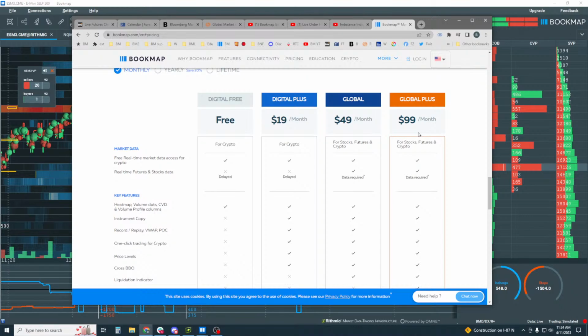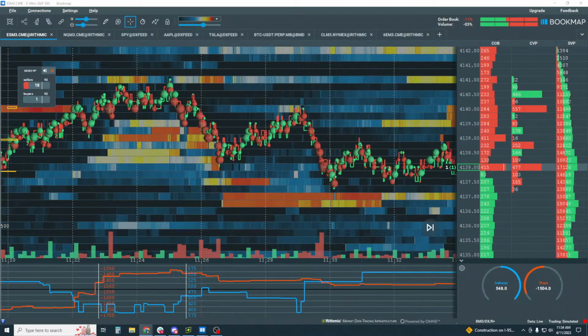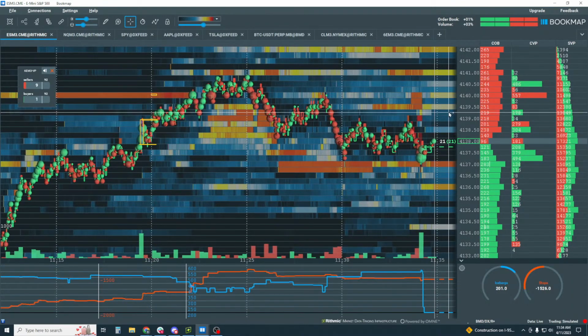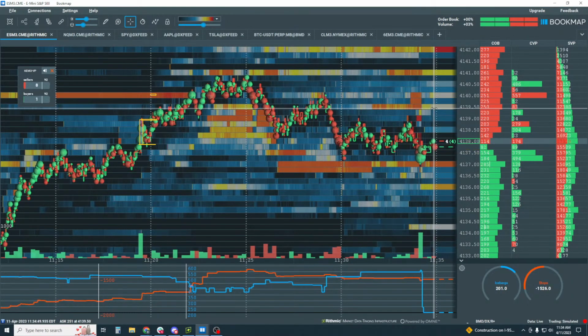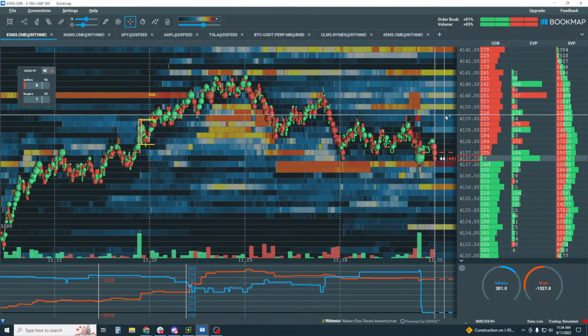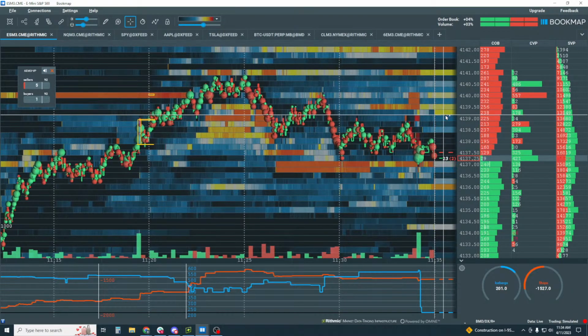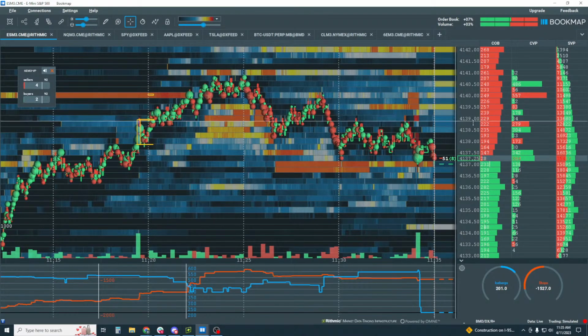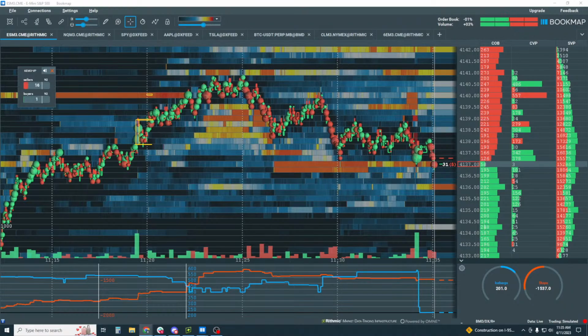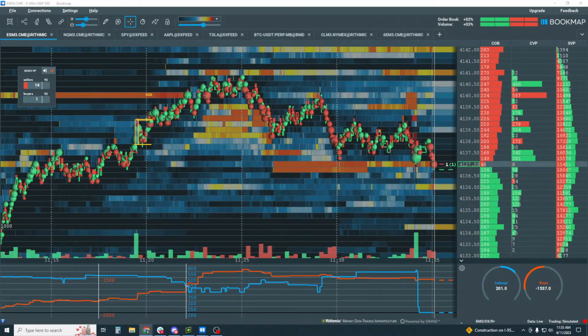If you want the Global Plus version that you can trade from the Bookmap chart, and you want full Rithmic data, that would be $100 from Rithmic for the data and $100 for Bookmap Global Plus. So that would be $200 a month. And like I said, it really depends what you're looking for.